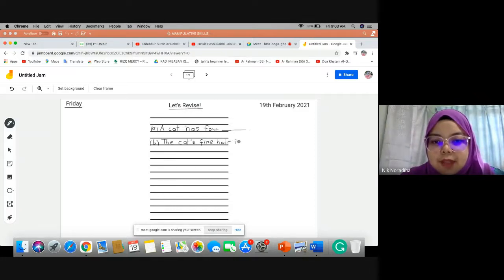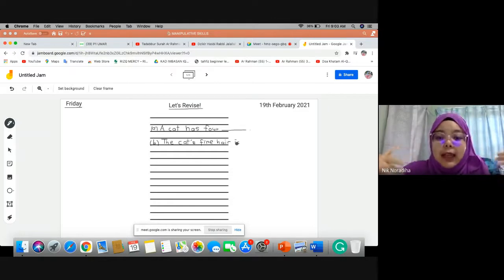The cat's fine hair is the hair on the cat's body.